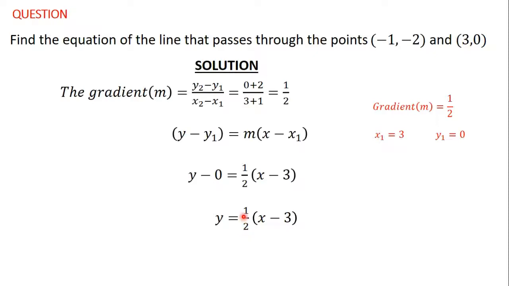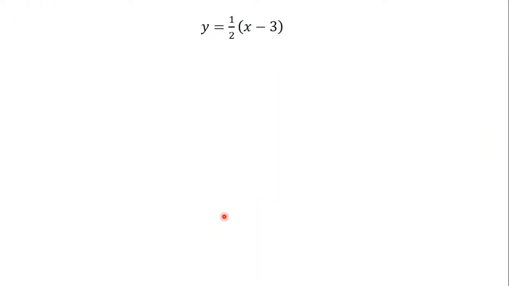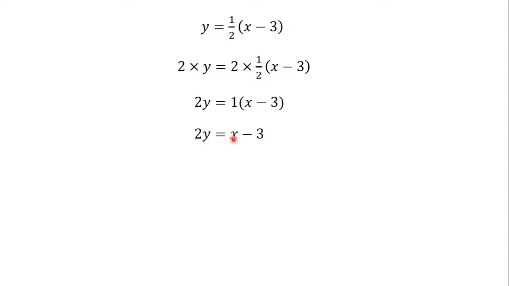I'll multiply the left hand side and the right hand side by it. Since 1 times any number is the number itself, so 1 times x will give us x, and 1 times minus 3 will give us minus 3.